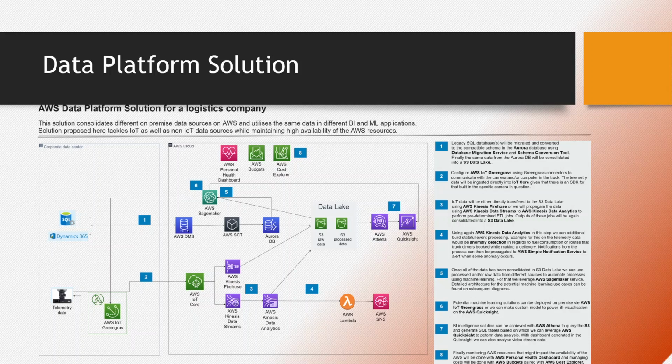But we can start from the first one and from the corporate data center, where basically two distinct groups of data are residing. So we have SQL and SQL Server databases. Dynamics is just a customer CRM software, and the data resides in SQL Server.